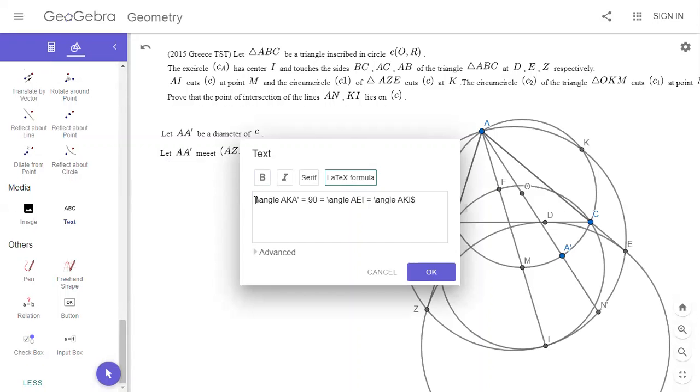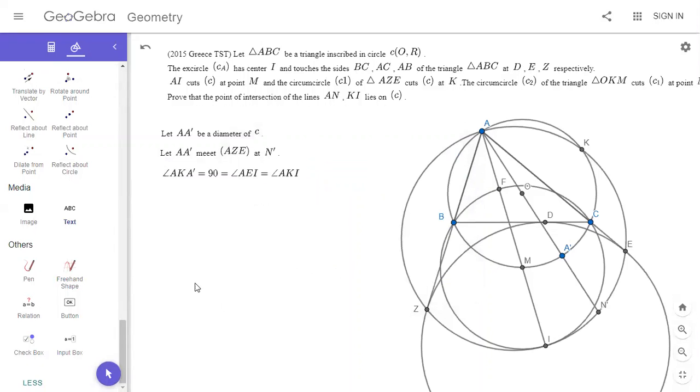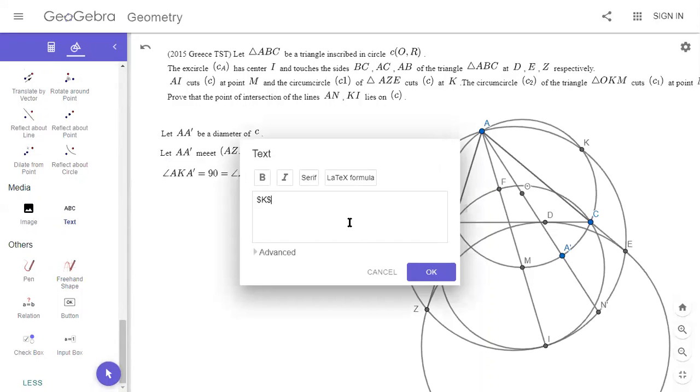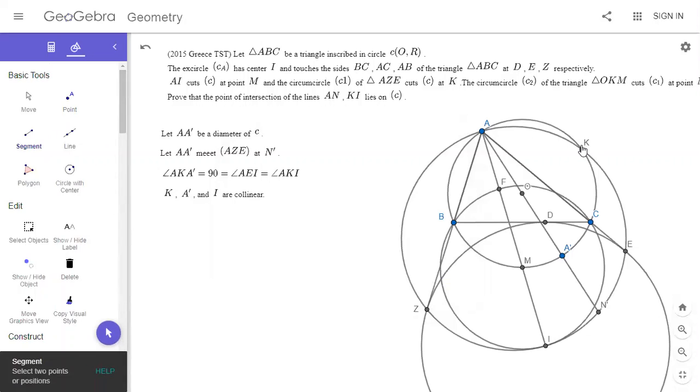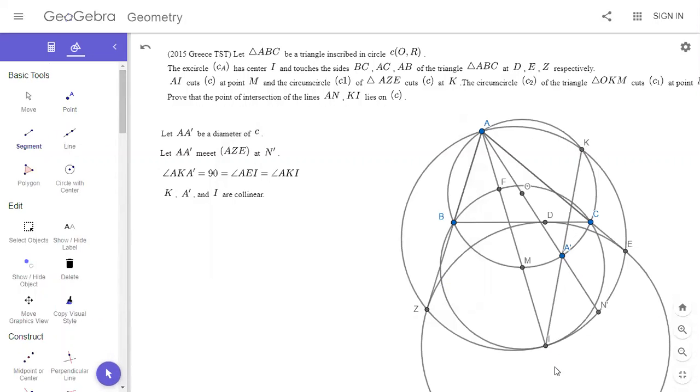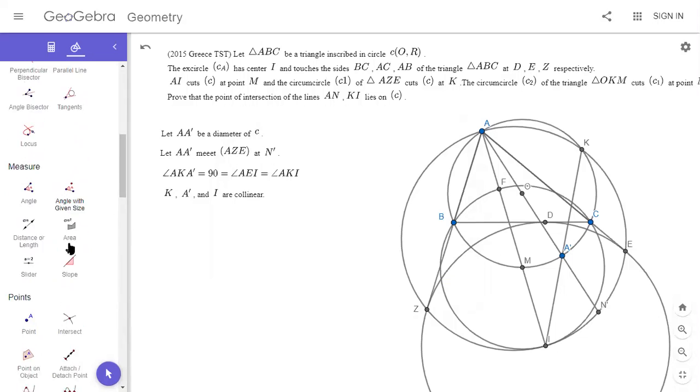So K, A prime, and I are collinear. We can draw that in. It's also not hard to see that M, A prime, N prime, I is cyclic, so I'm going to do that right now.